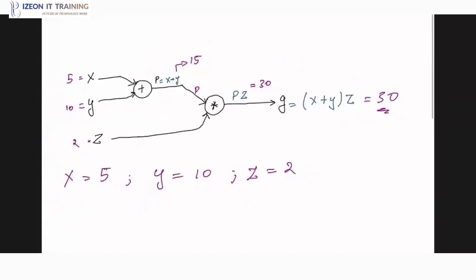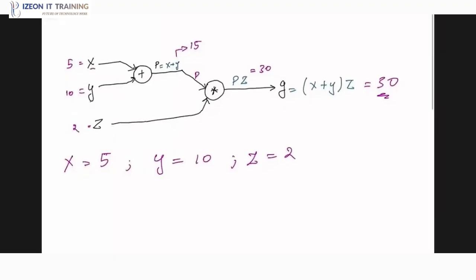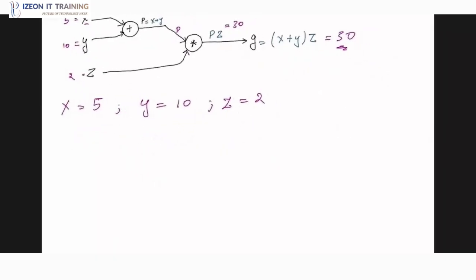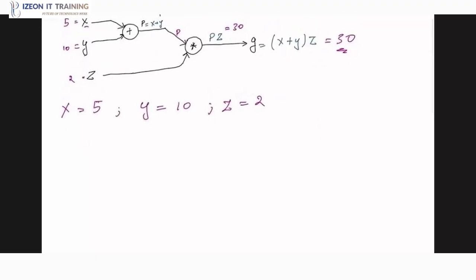Let me now show you what backpropagation is. With backpropagation, we are going to update the values of x, y, and z. If you don't believe me, let me quickly show you how that works. First off, we're going to take the differentiation, which is a partial derivative. We're going to start over here by saying delta g by delta g.